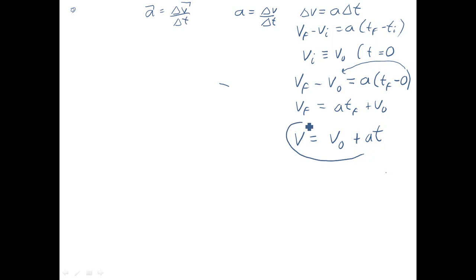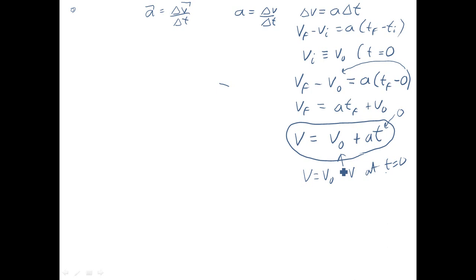And that's one of the basic kinematic equations right there, where v naught is the velocity at t equals 0. And you can see it's true. If you put 0 in there, then you simply have v equals v naught.